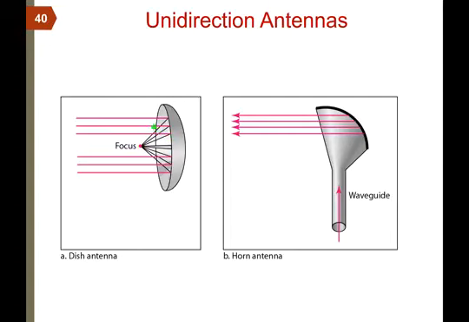Like dishes, they focus the beam into a single direction. This is a horn antenna. So these are directional antennas. They add some gain to your signal, and it depends on the size and shape of these antennas.